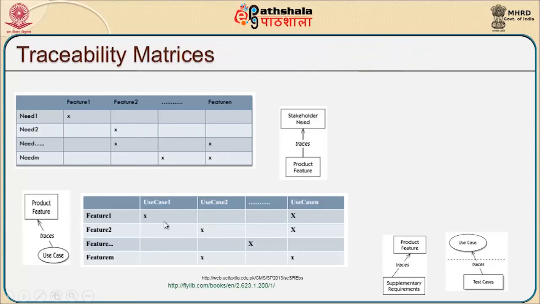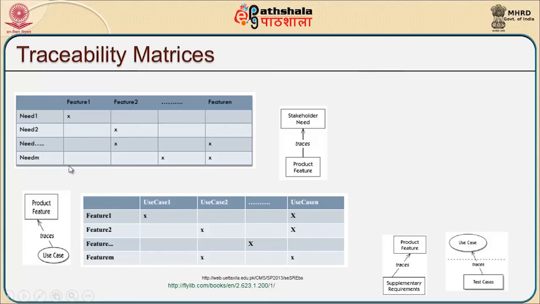The need, which is supposed to be the output of that particular component, is given. It is compared with the features provided in the initial cases. If that has been met, it is marked. Need 2 for feature 2 has been met, so that is marked.